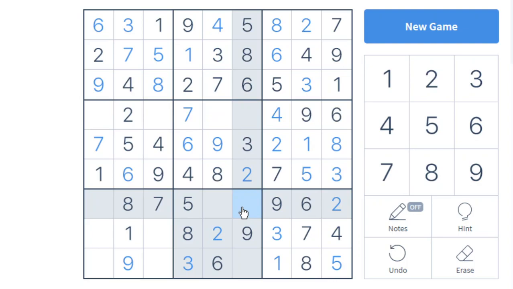Now, what are we left with here? We are left with this column here as well. So we're left with 1, 4, and 7. Now, this could be 4. This could be 1 or 4.